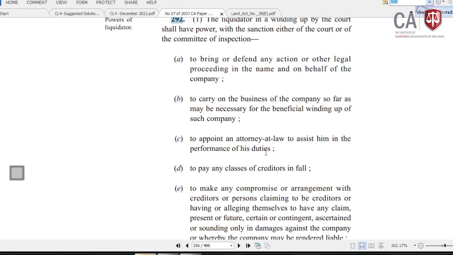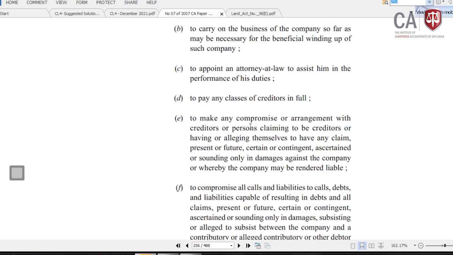Most of the time, what I have seen, when the court appoints a liquidator, basically an audit firm will be appointed. That is because they are familiar with the technical aspects of it. However, they may not be familiar with the legal aspects. Therefore, to assist him, he can appoint an attorney at law.